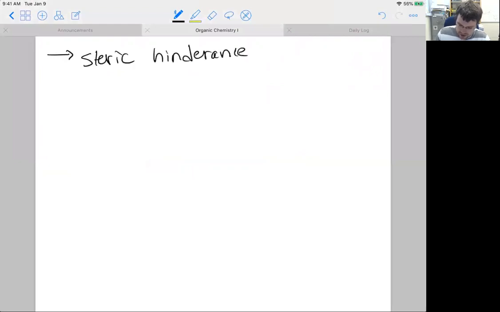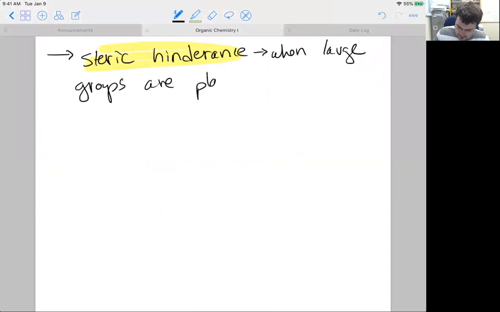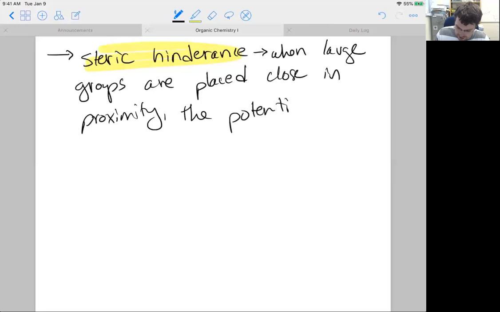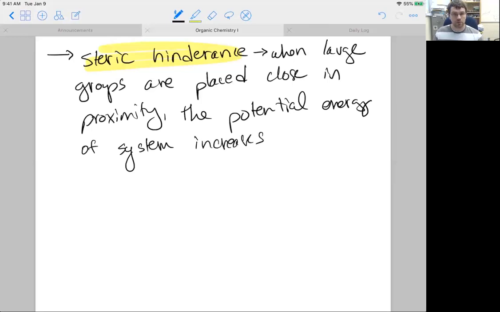Steric hindrance says that when large groups are placed close in proximity, the potential energy of the system increases. So when we put big things together, the energy of the system increases. That's an important term that we'll talk about quite a bit.